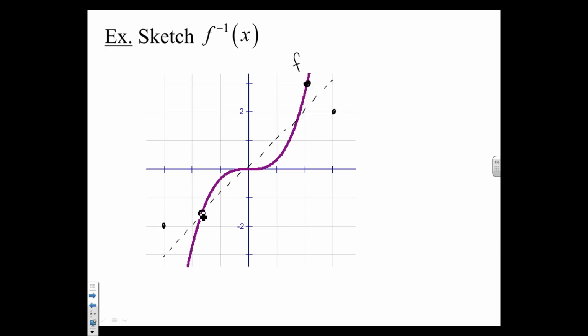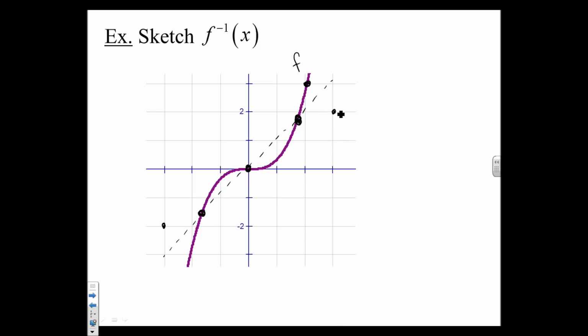What about this point right here? And this point, and this point? Well, again, that dotted line is the line y equals x. These are all the points on f where the x and y coordinates are the same, which means that when you switch them for the inverse, you're still going to be in the same place. So these 3 points are going to be where the f and f inverse graphs intersect. And this dotted line is going to act like a mirror.